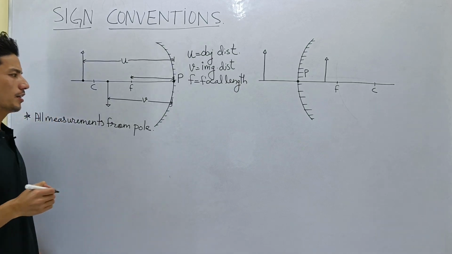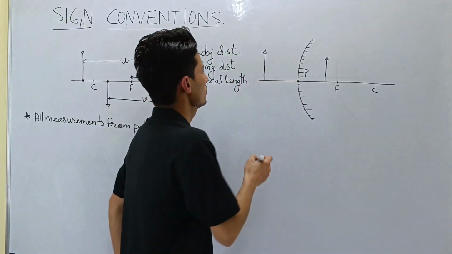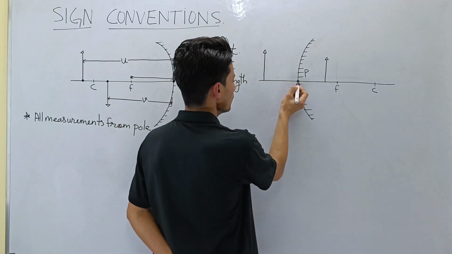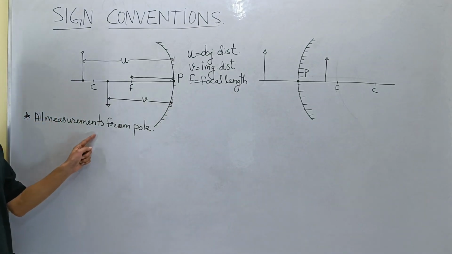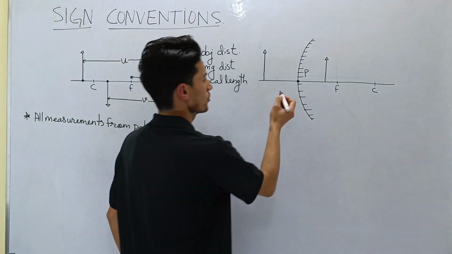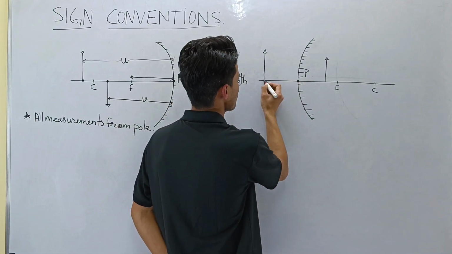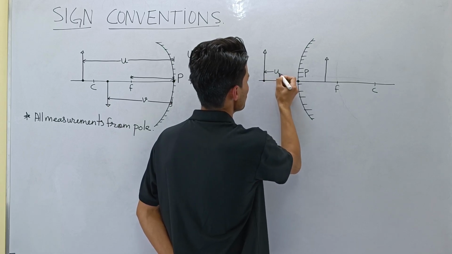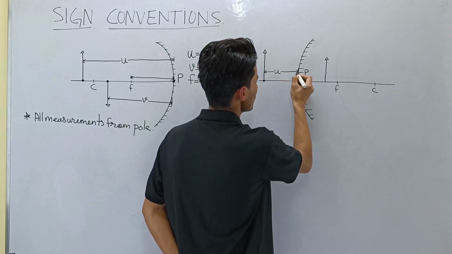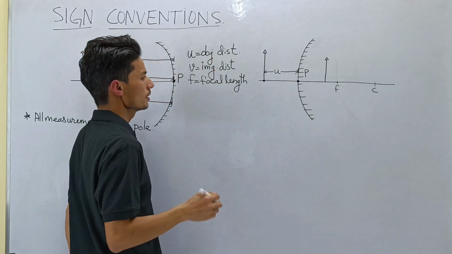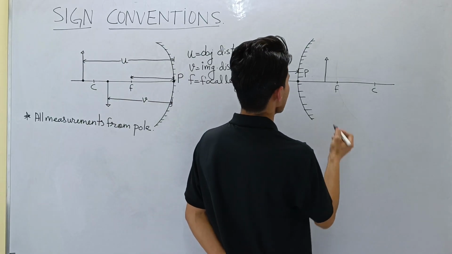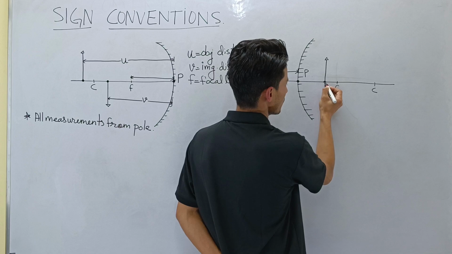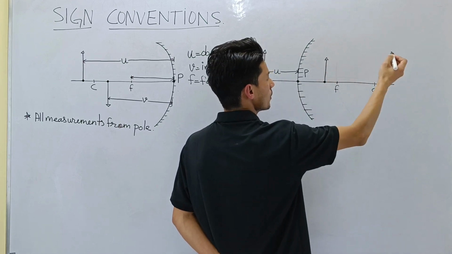Now let us go to the convex mirror. Same thing, this is the pole. All measurements from pole, so measurement will be done from here. From this point to this point will be our object distance, so it will be U. Now where is the image? The image is on the right side of the mirror.